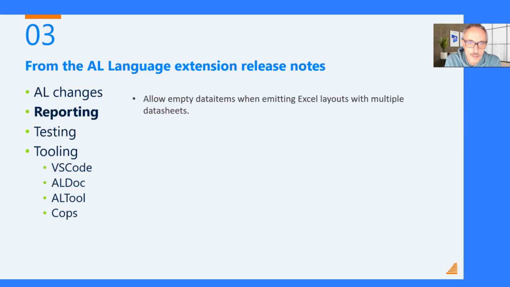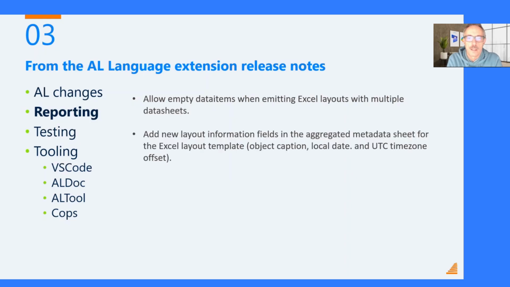So you can just remove empty data from your Excel sheet. Of course, you will get an error if you do not have any data items with data when you export to Excel, because then you would have an Excel file with no worksheets, and that's not allowed.